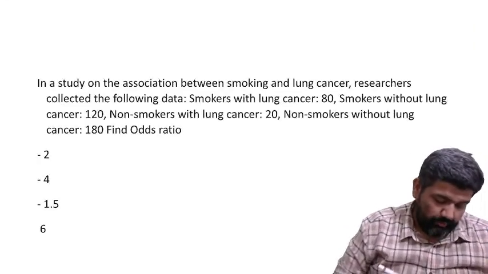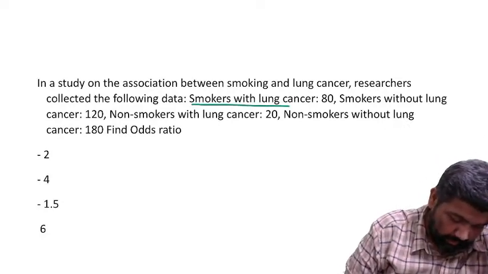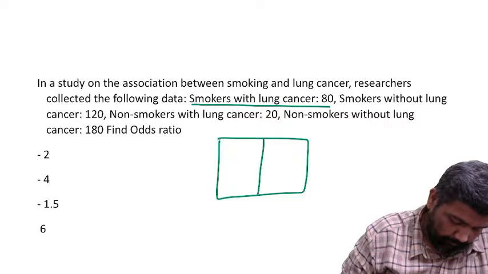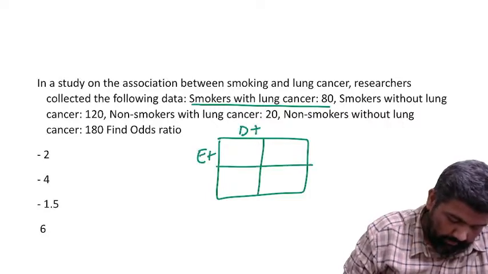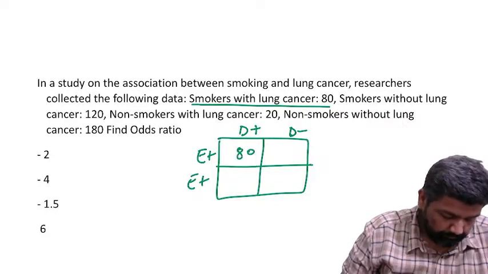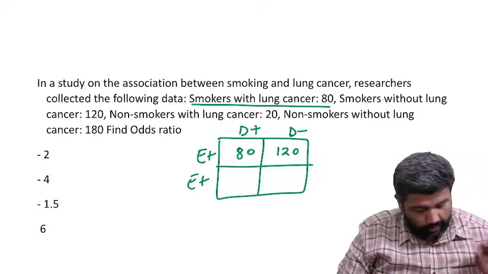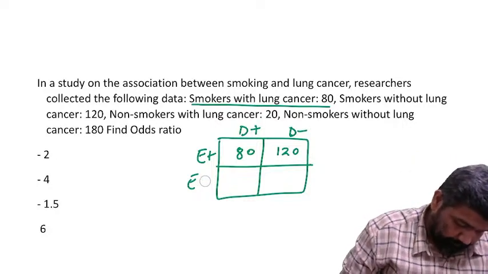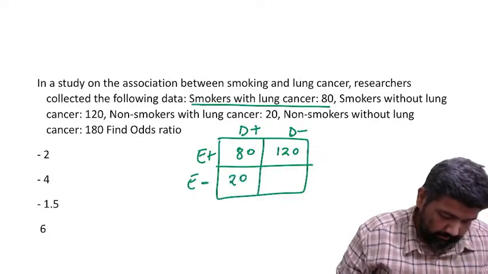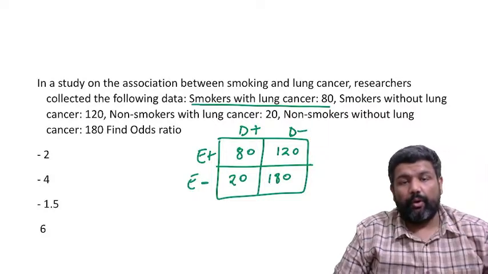In a study on association between smoking and lung cancer, researcher collected the following data. Smokers with lung cancer 80, smokers without lung cancer 120, non-smokers with lung cancer 20, non-smokers without lung cancer 180. We have to find odds ratio.